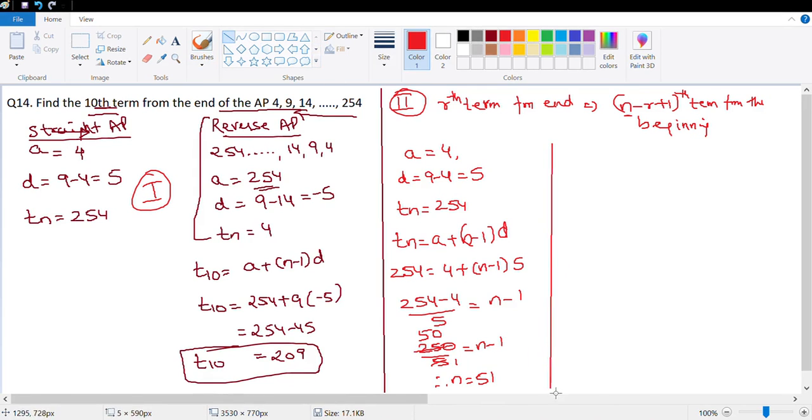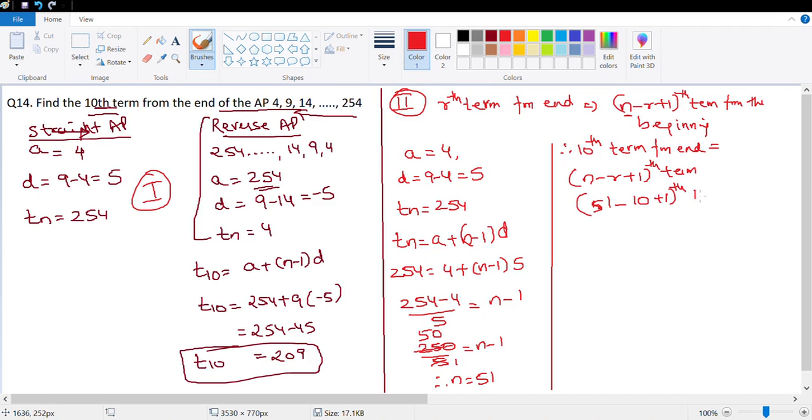And if I need to figure out the 10th term from the end, it is equal to the n minus r plus 1th term. In this case, n is 51, r is 10, plus 1th term.